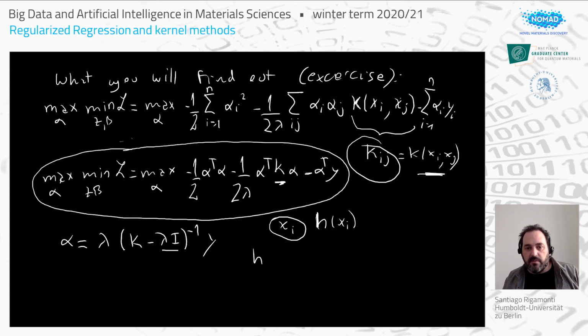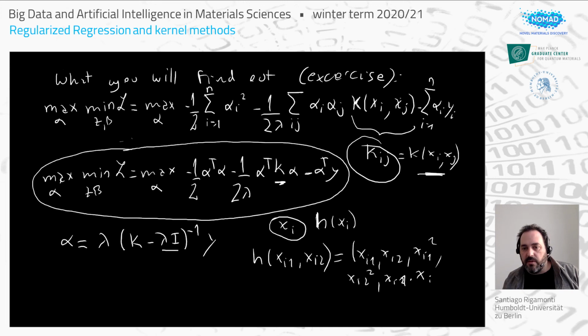So suppose you have x_i1, x_i2, and now a set of vectors x_i1, x_i2, x_i1 squared, x_i2 squared, x_i1 times x_i2, and so on. You can make a polynomial expansion if you like, or there are other things to do. But I will explain a bit more about this in the next part of my lecture. So for the moment, let's keep it like that.